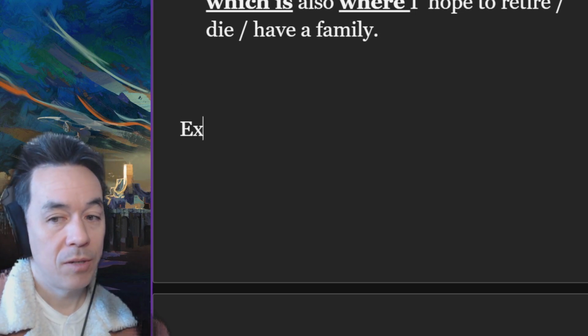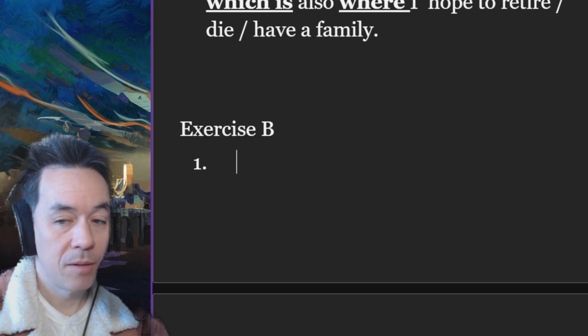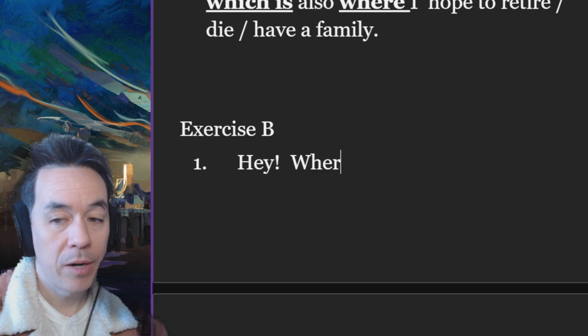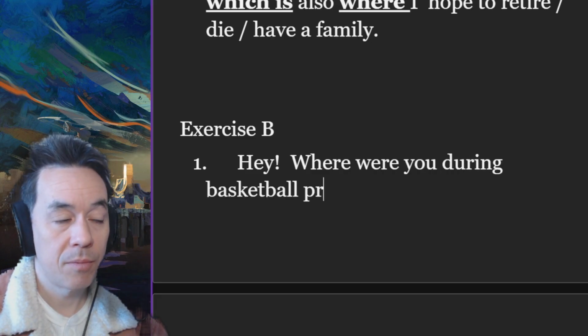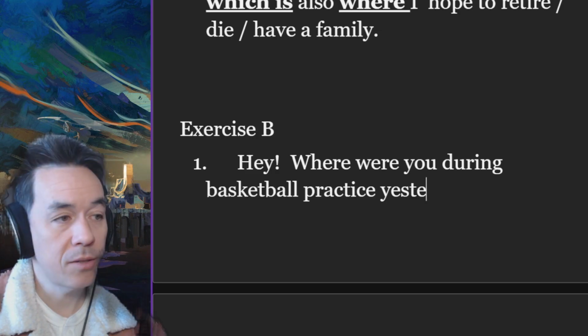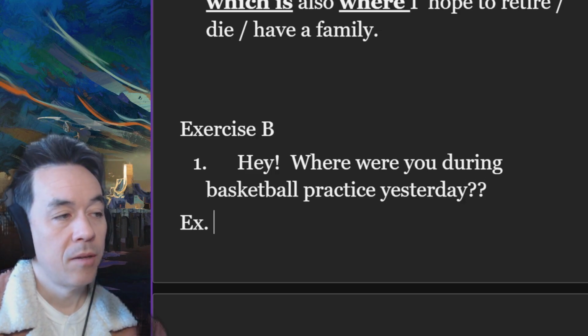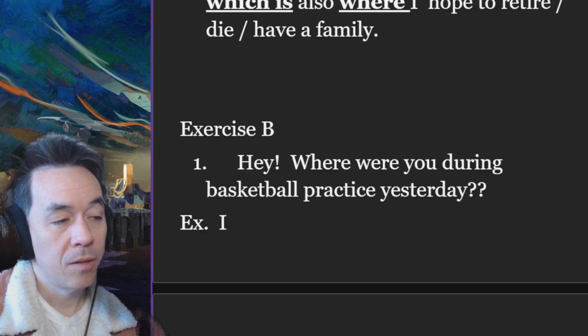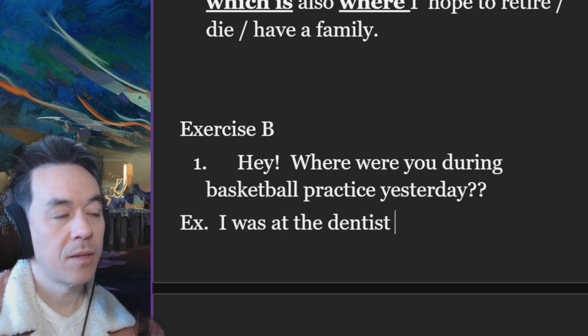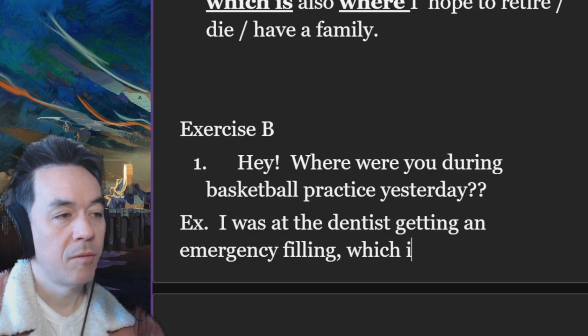Let's go to exercise B, number 1. Hey, where were you during basketball practice yesterday? So we want to try to use this phrasing, like, I was at the dentist, getting an emergency filling, which is why.